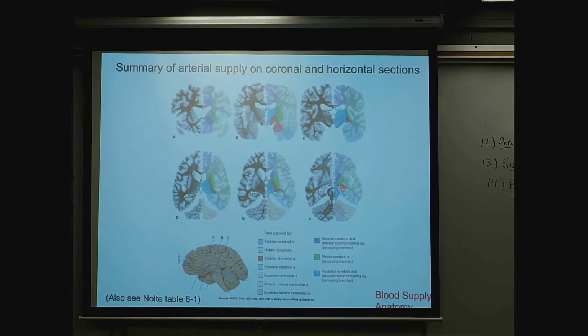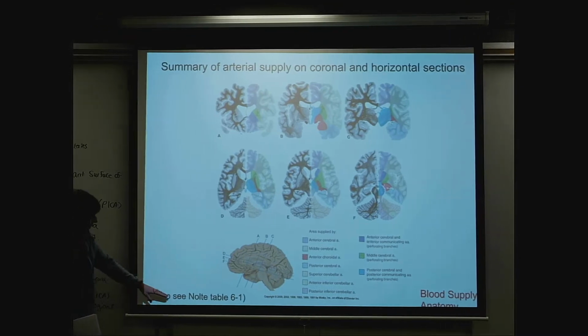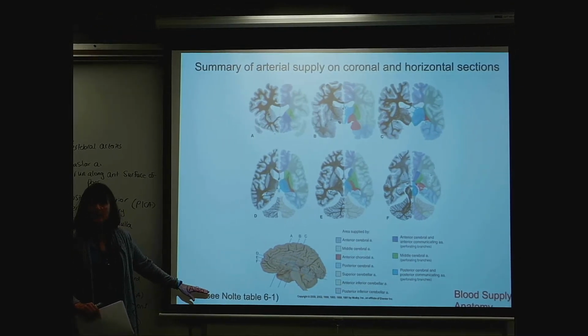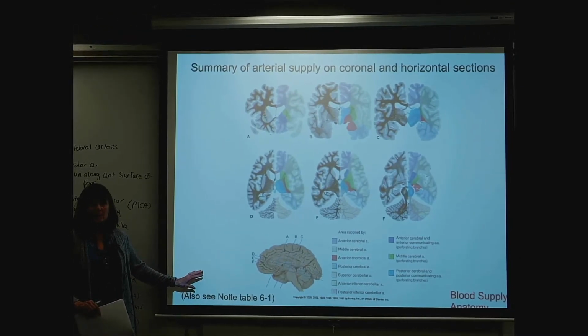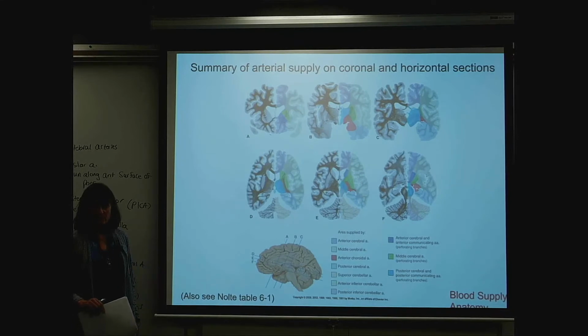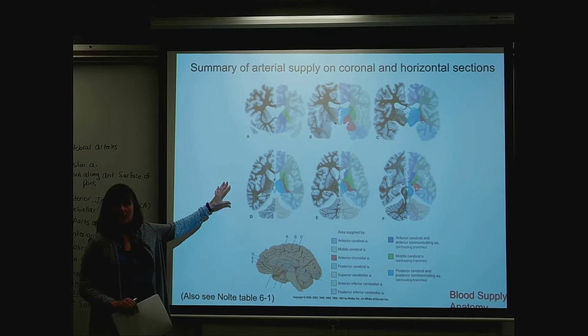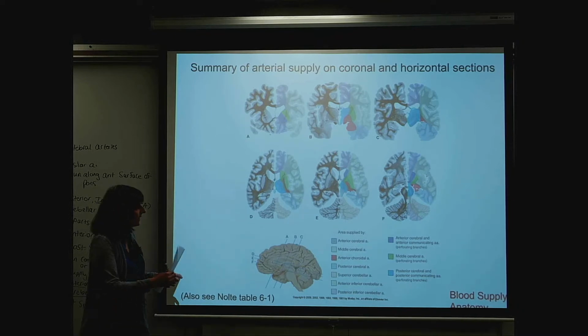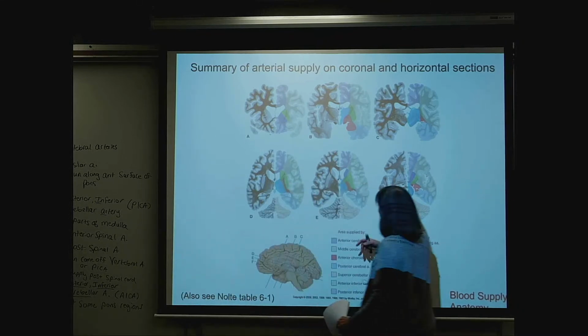This is a figure from your Nolte textbook. You also want to look at Nolte Table 6-1. As we go through the course, you're going to need to know the blood supply for specific regions that we go through. And so keep this figure in mind. Check back at this figure. So at the bottom here, it has color coding.